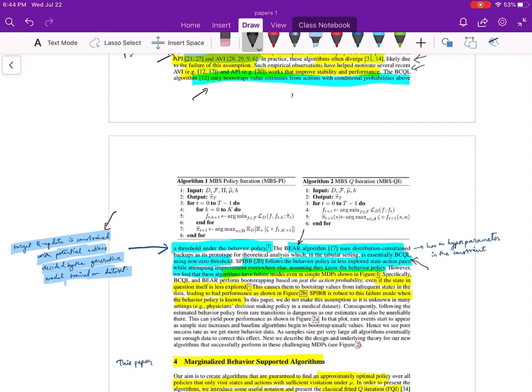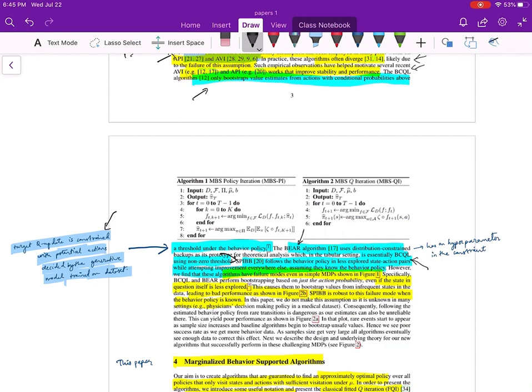Let's go ahead. They also provide a short description of SPIBB, which is the bootstrap version, I guess. It follows the behavioral policy in less explored state-action pairs while attempting improvement everywhere else. Assuming they know the behavioral policy, so you should know mu.